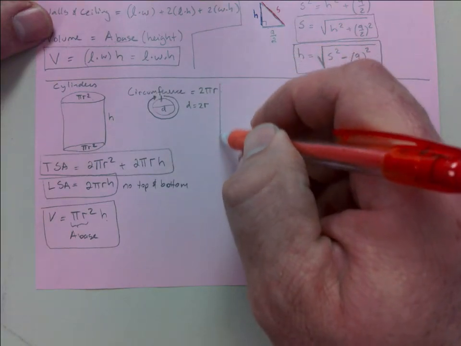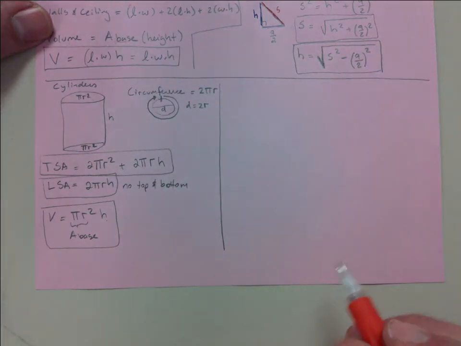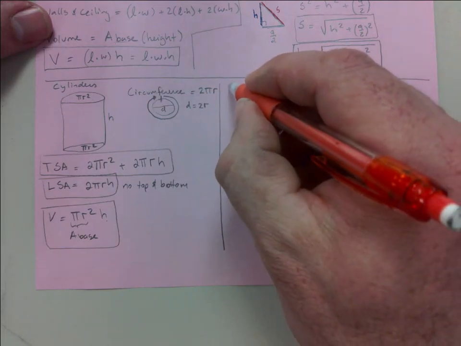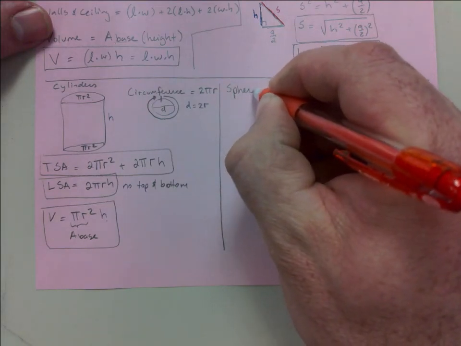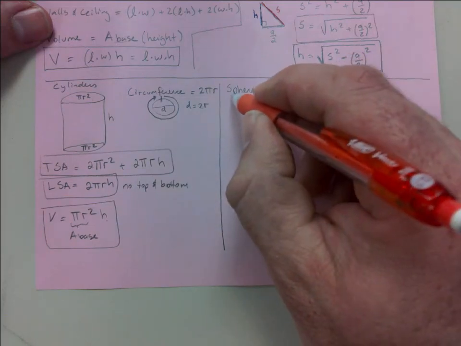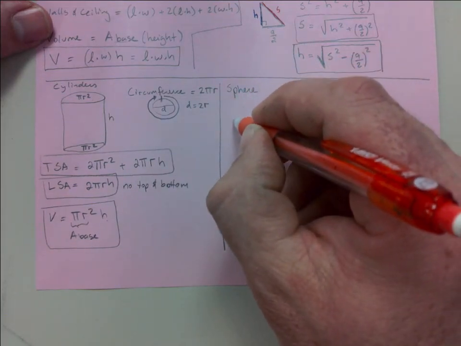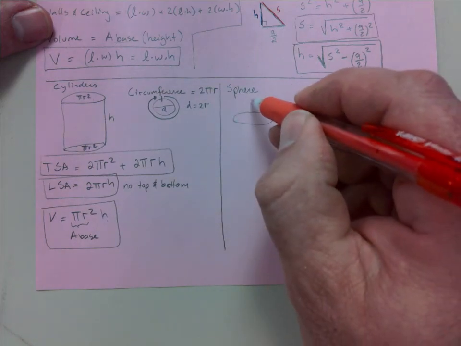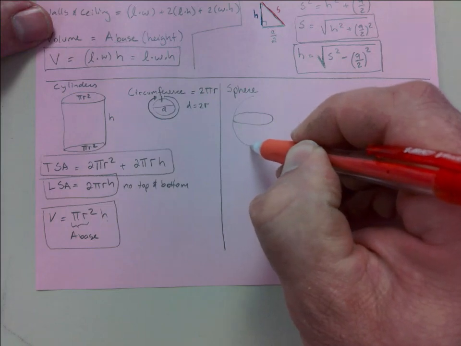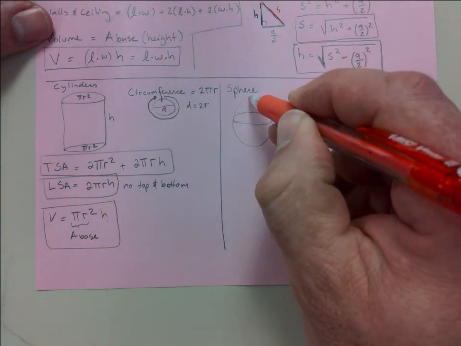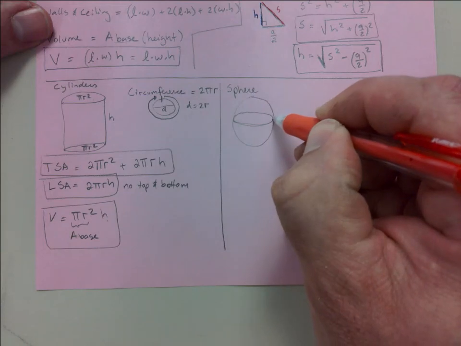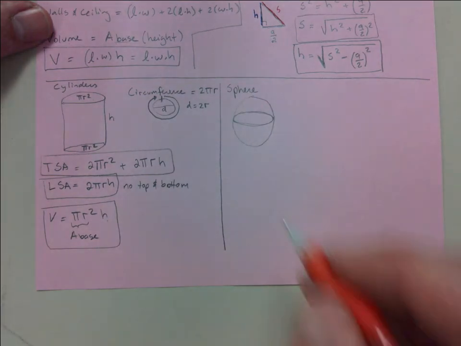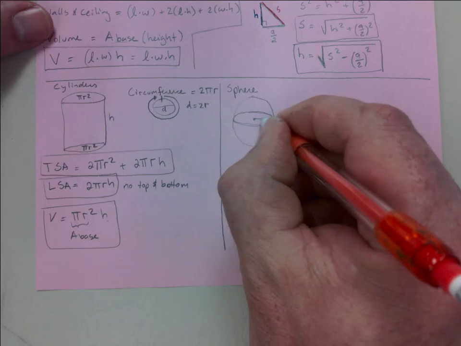And last but not least is the sphere. What I do is I just make almost like an ellipse or an oval, and then this, so we have the radius here.